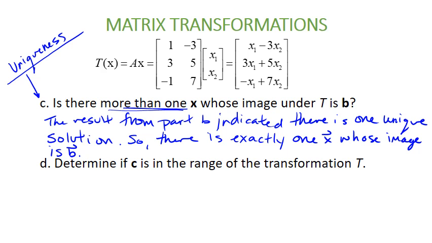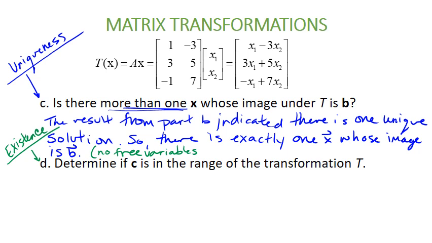Okay, and then for part D, it says determine if C is in the range of the transformation. This is an existence problem. So we want to know if C exists in the range of this transformation. One thing I forgot to mention is the reason we know this up here is there are no free variables.